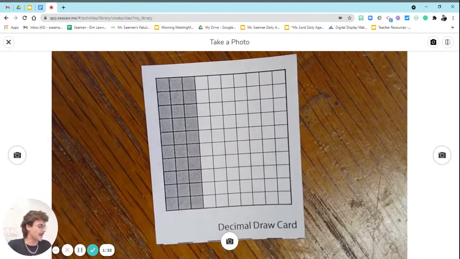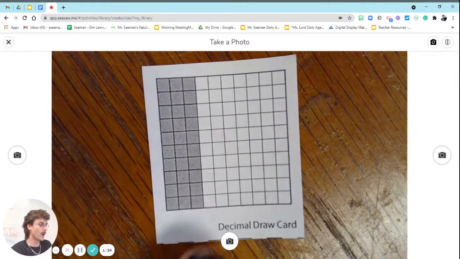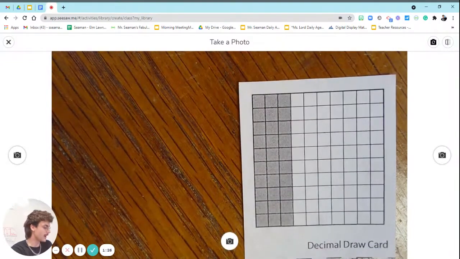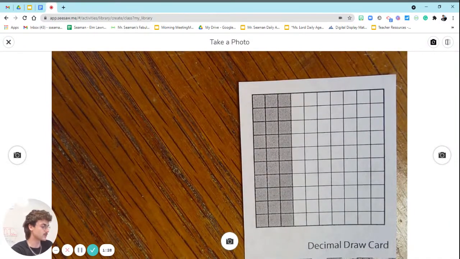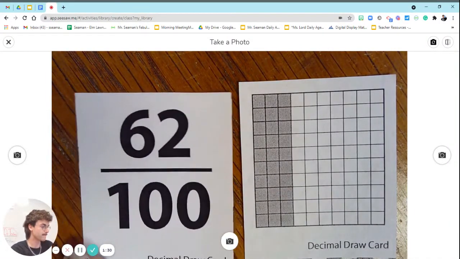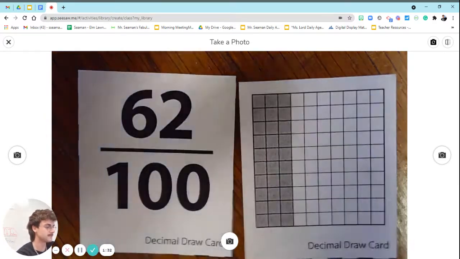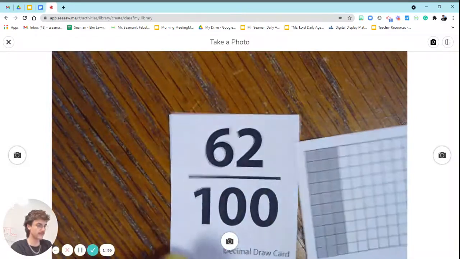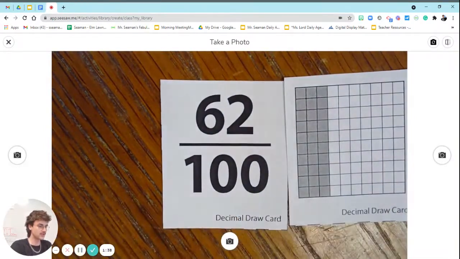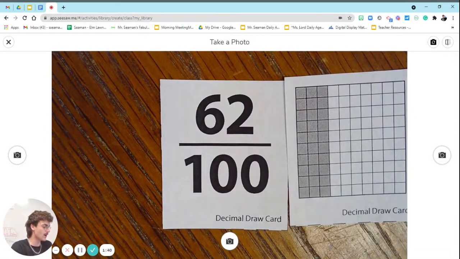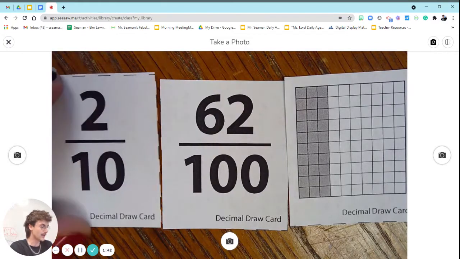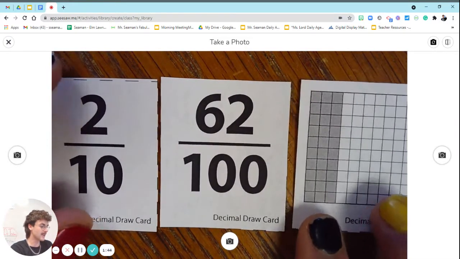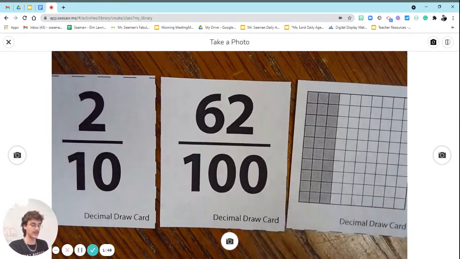As you can see, it has one type right here, another type of the decimal draw card is like this. And sorry, I'm just pulling it up so I can fit another one in there. So we have those two like that, and then we have another one like this. So we have 3 different types of cards here that we can draw.